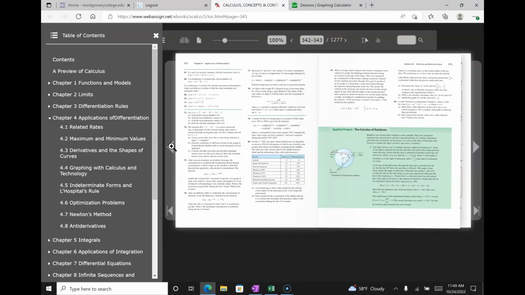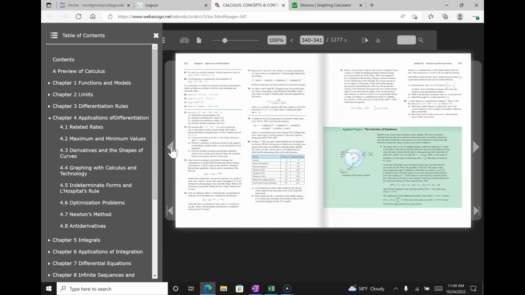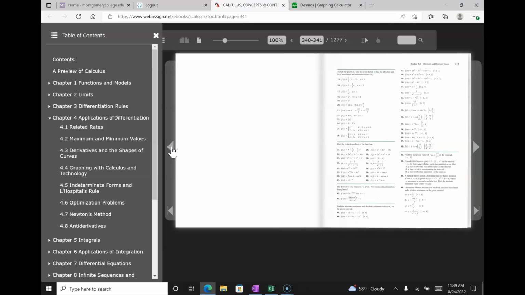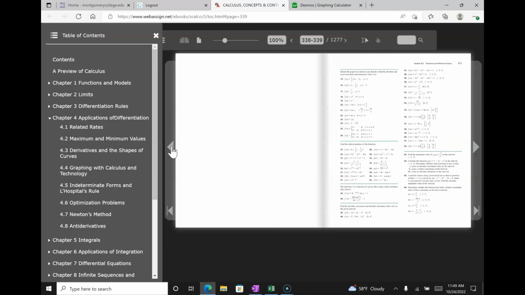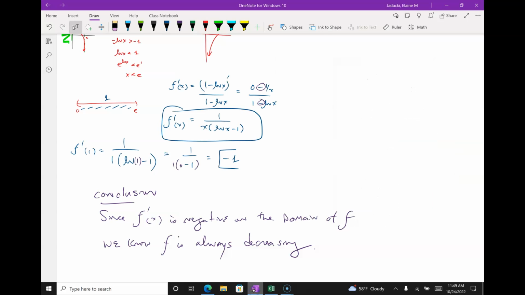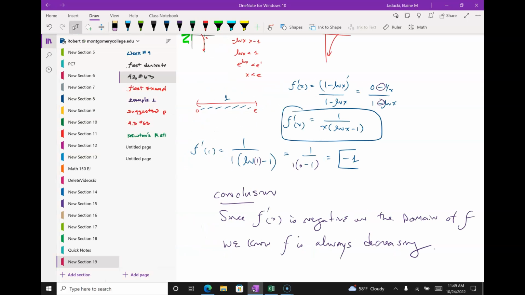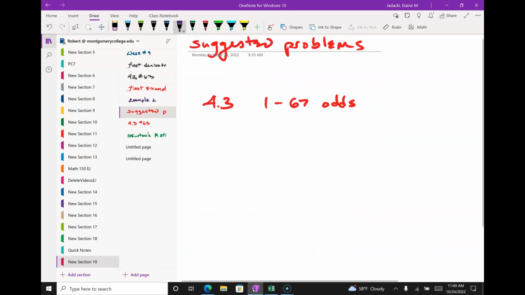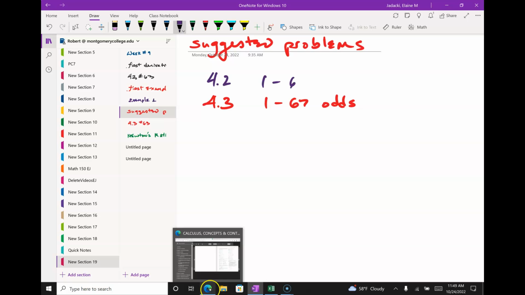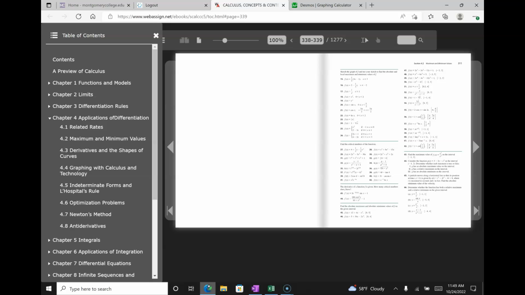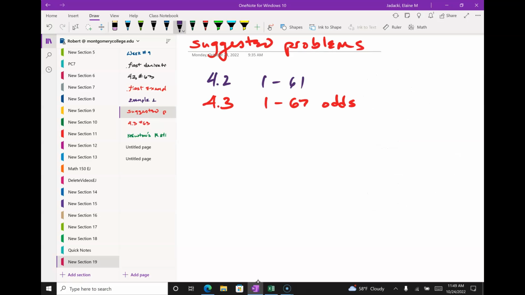In 4.2, I believe I said up to 71, maybe not. Up to 61 is fine. So suggested problems so far in 4.2 is 1 to 61. And in 4.3, 1 to 67 odds.